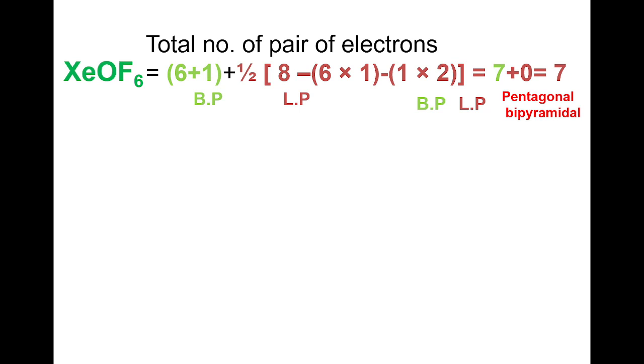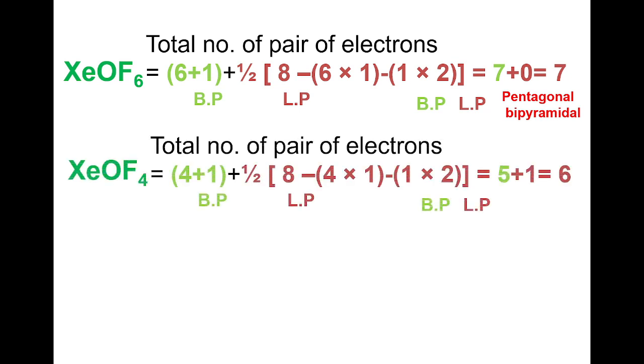So similarly, if you consider the structure of XeOF4, total surrounding atoms: 4 fluorine, 1 oxygen, total 5 surrounding atoms. So total bond pairs of electrons 5. So xenon is the central atom.